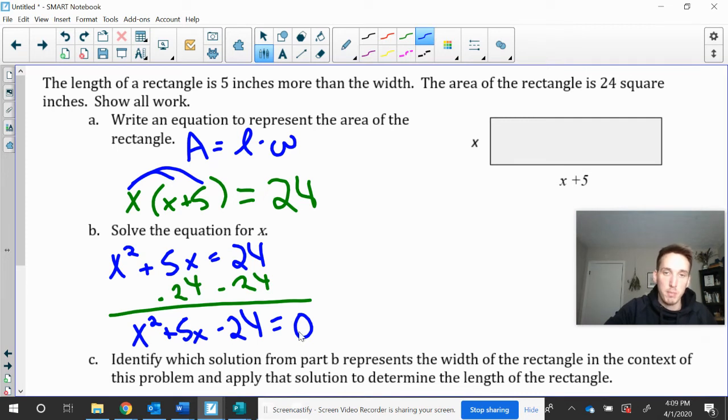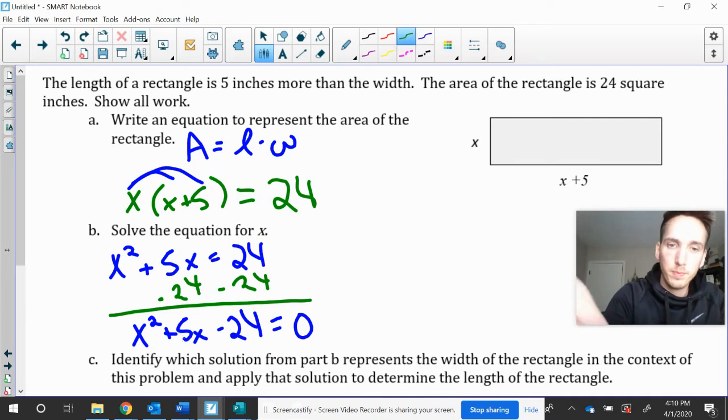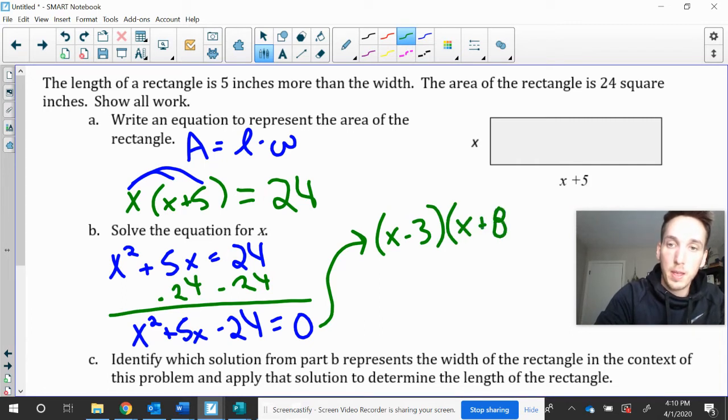That's exactly where we want to be, because now we can try to solve this either by factoring or by the quadratic formula. Let's see if it's factorable first. Are there any numbers that multiply to negative 24 and add to 5? There actually are. So I've got x minus 3 times x plus 8 equals 0.